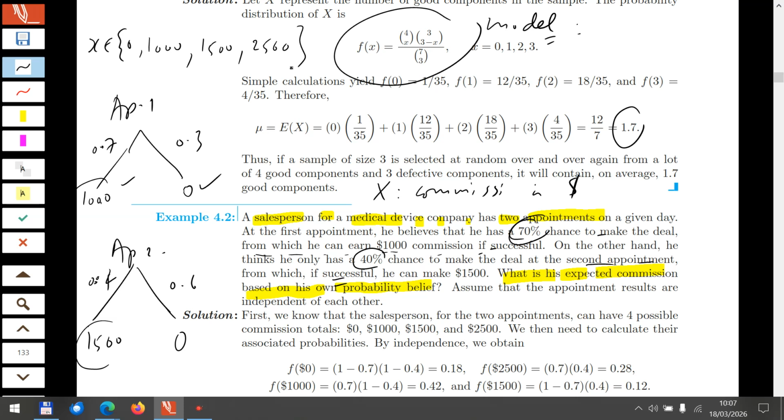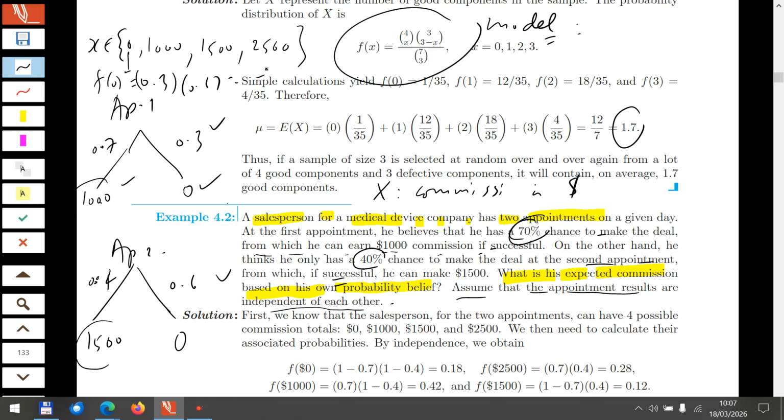And the next thing is to find the PMF. He is giving you a hint: assume that the appointment results are independent of each other. So what is the PMF of 0, f of 0? Who can guess that? Independent means that both these events are independent. So he will get 0 commission in this case and in this case, so you just multiply these probabilities, 0.3 times 0.6.